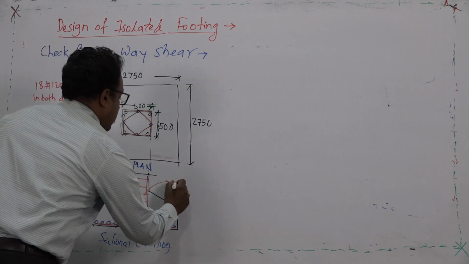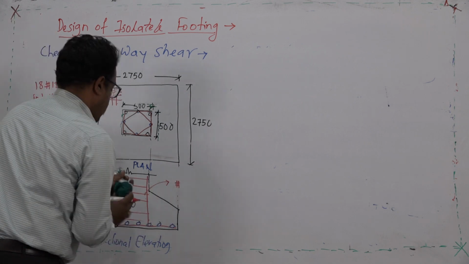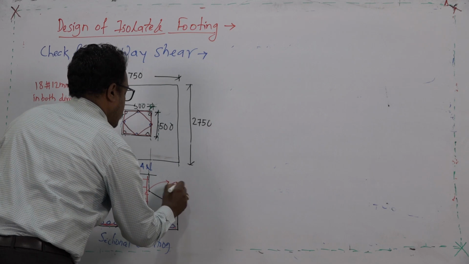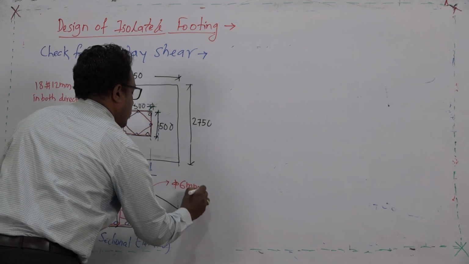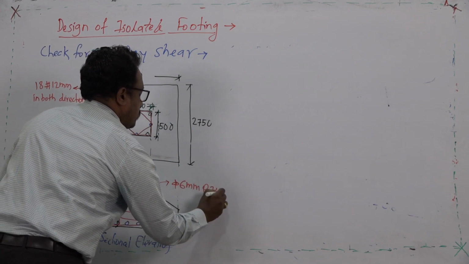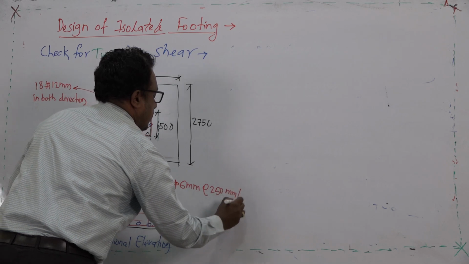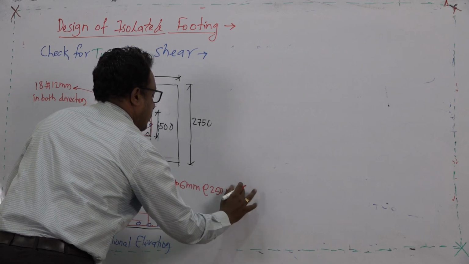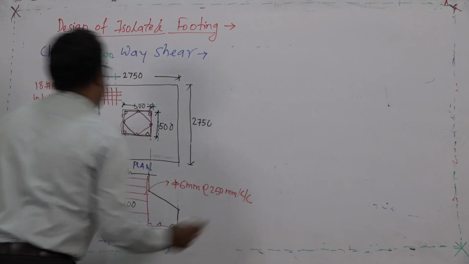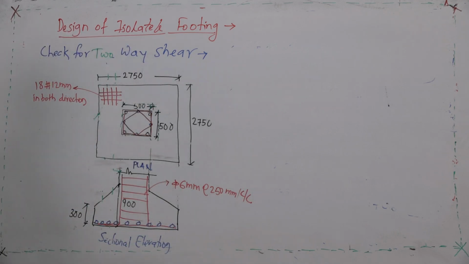So, here I will write the phi 6 mm at 250 mm center to center. So, this is the rough sketch of the footing.